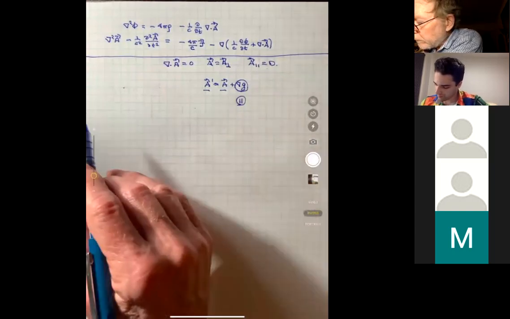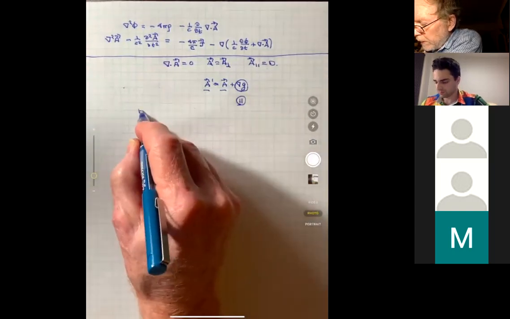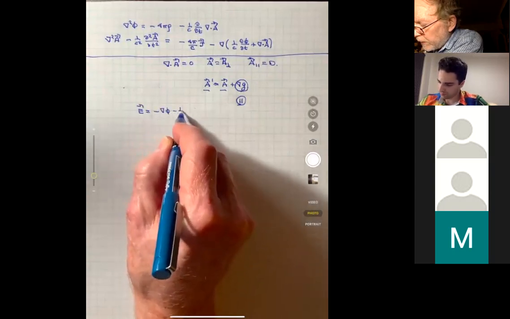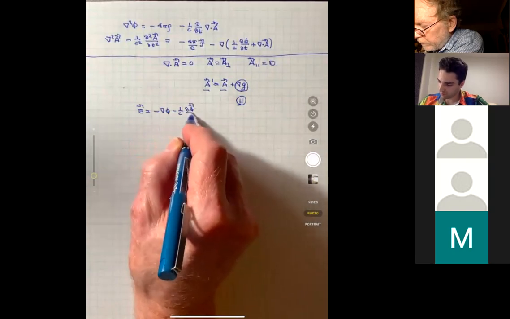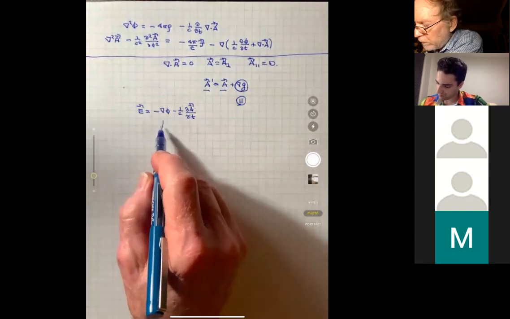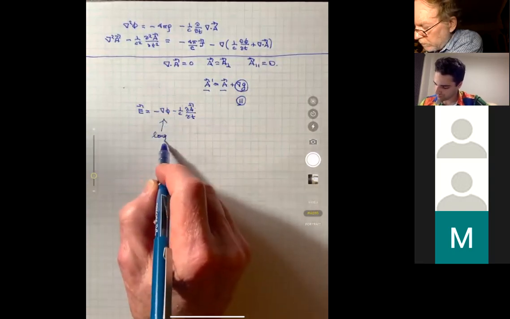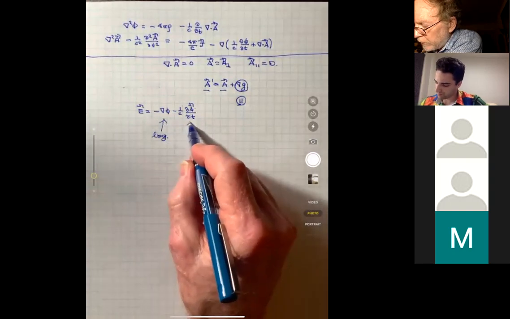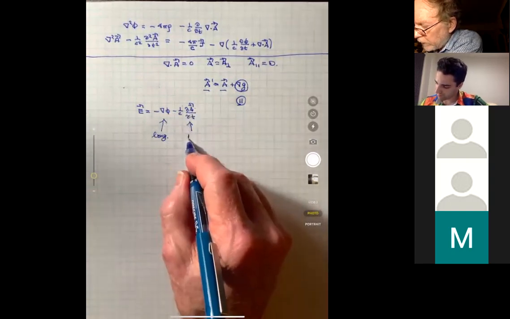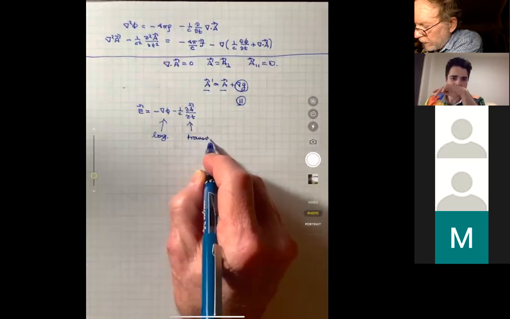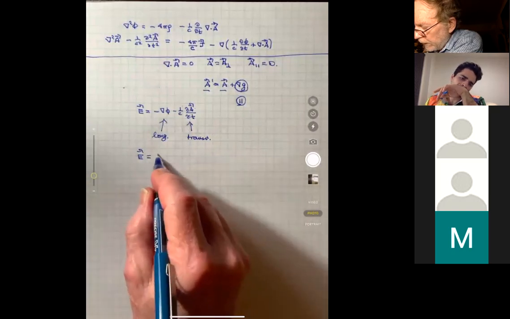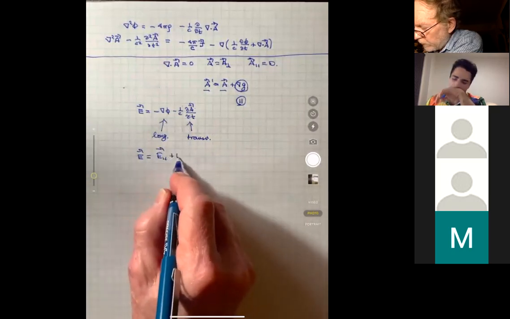Here's another point to make: the electric field in any gauge is given by minus gradient phi minus 1 over c dA/dt. But the gradient of a scalar is always purely longitudinal, and if we're in Coulomb gauge, then the dA/dt term is purely transverse. So we can write E is equal to E longitudinal plus E transverse.